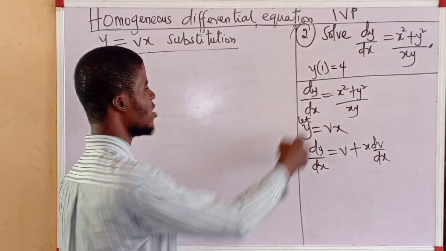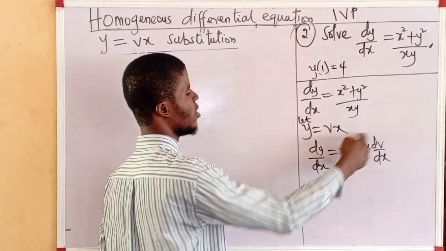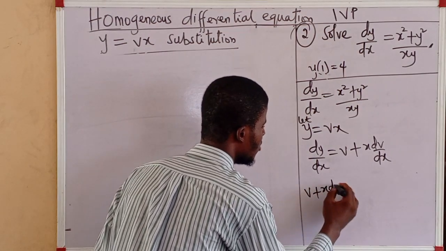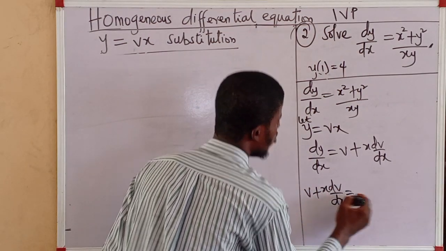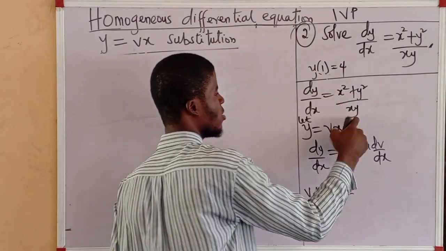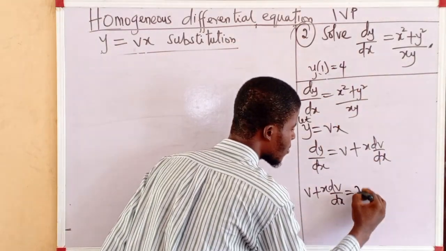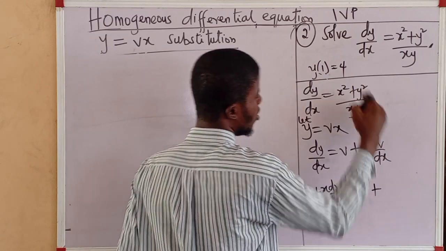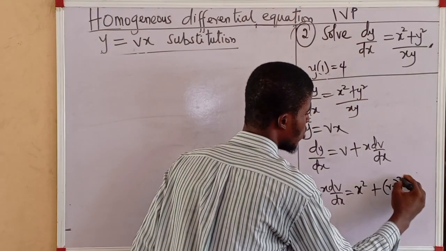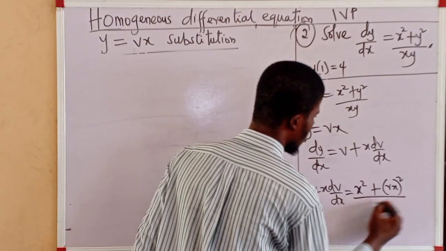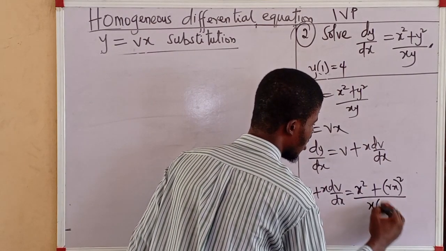So in place of dy/dx now, we're going to write everything here. So we have v plus x dv/dx equal to, in place of y, we write vx. So this is x squared plus (vx) all squared, because of the squared in the y, all over x times y, that's x times vx.